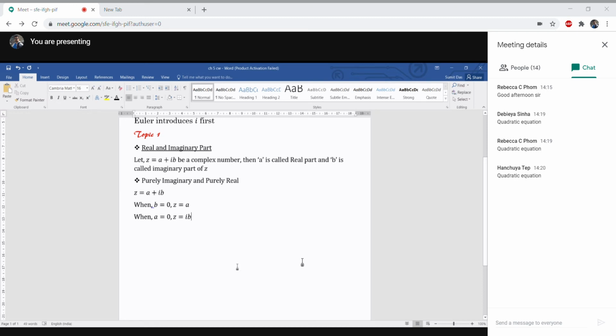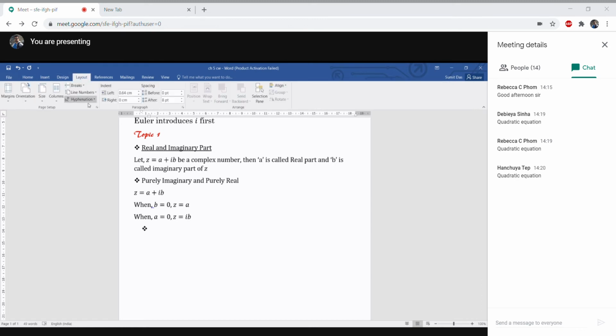So now, a very interesting part. Zero complex number. Okay, what is the zero complex number?